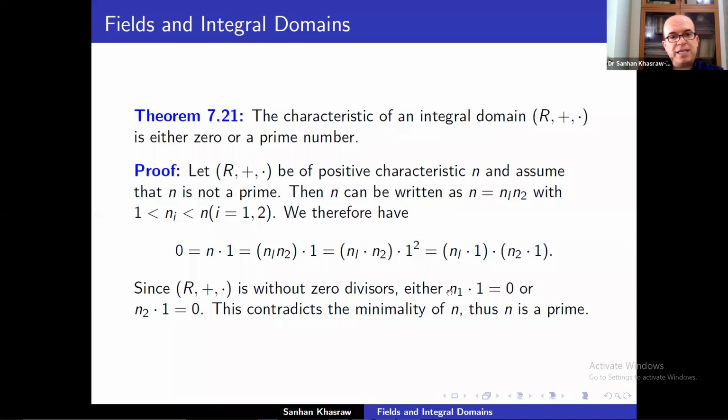But this contradicts the minimality of n, because we said the characteristic of R is n. So in both cases, whether n1 times 1 is 0 or n2 times 1 is 0, this contradicts the minimality of n. So n must be a prime, and the characteristic should be prime for the integral domain case.